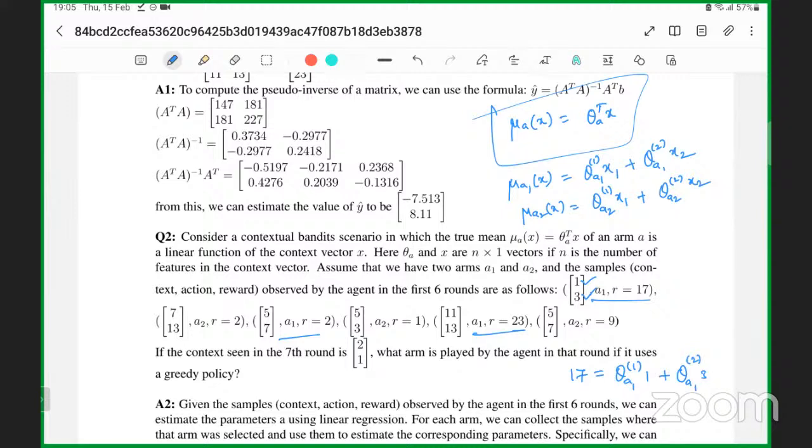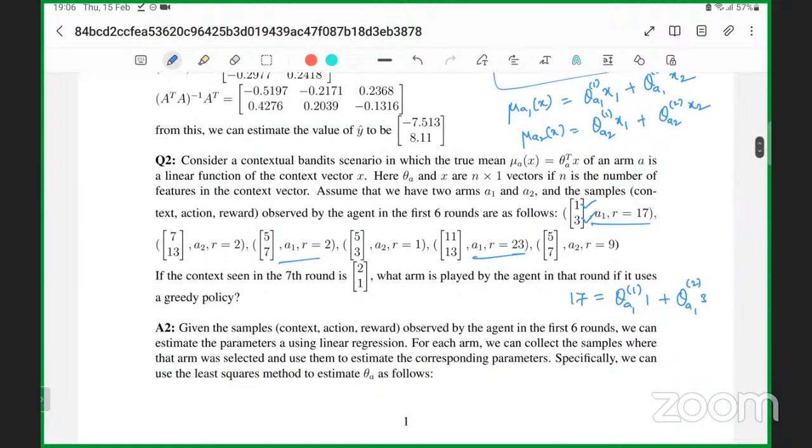So like that, you write as many equations as you have samples for arm one, then convert all those equations into one matrix. Similarly for arm A2, you collect all the equations and convert them into another matrix.